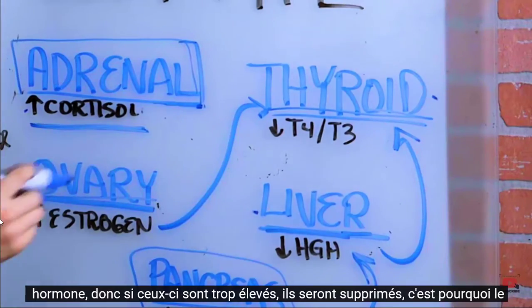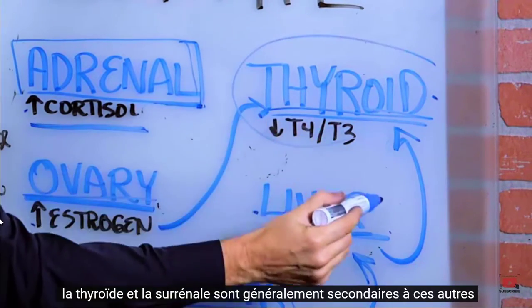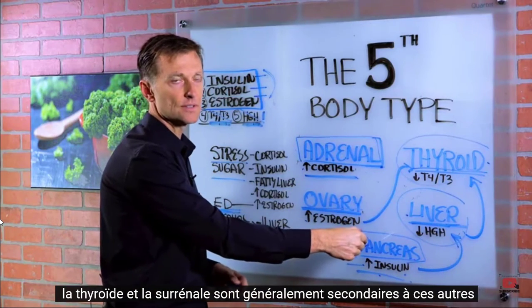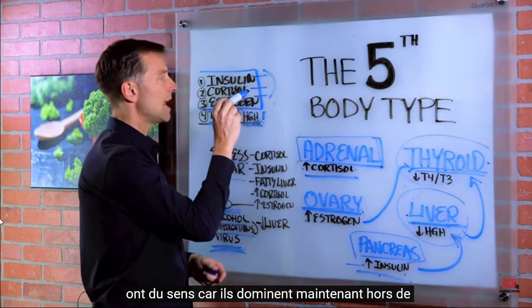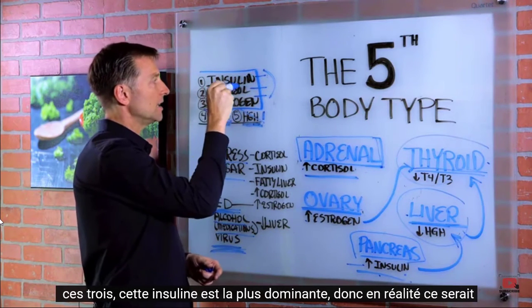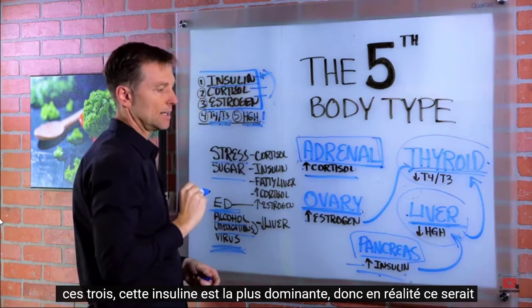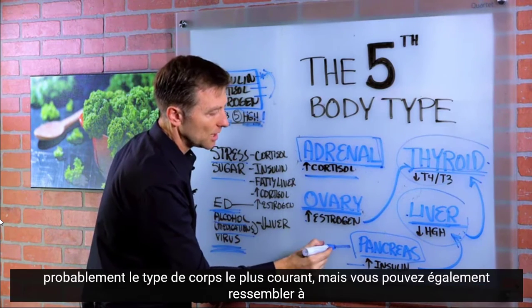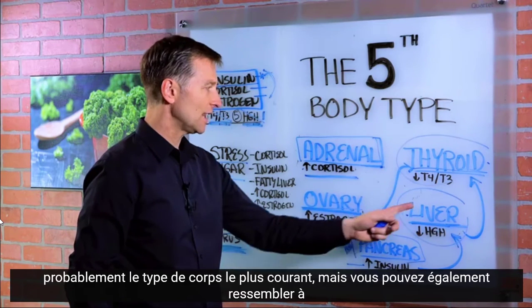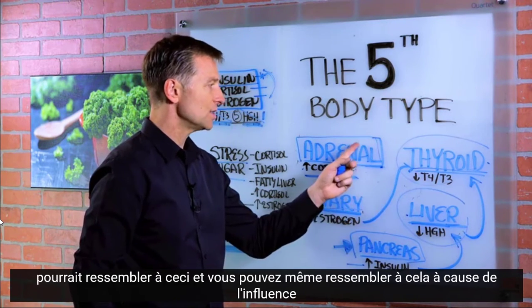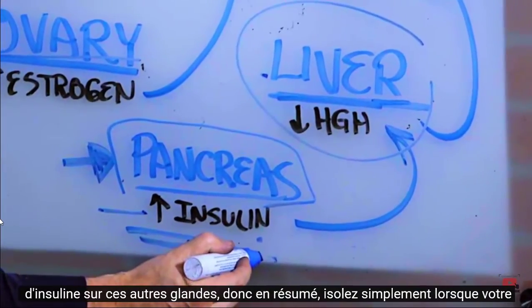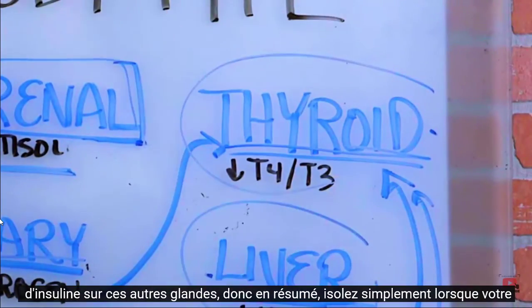So that's why the thyroid and the adrenal are usually secondary to these other ones. Does that make sense? Because these are dominating. Now, out of these three, this one, insulin, is the most dominating. So in reality, this would probably be the most common body type. But you can also look like this, you could look like this, you can even look like that because of the influence of insulin on these other glands.